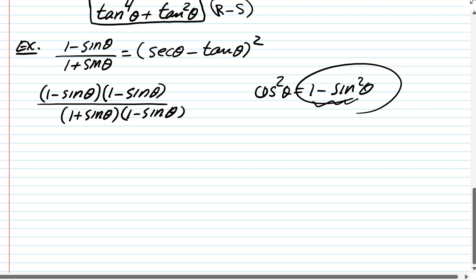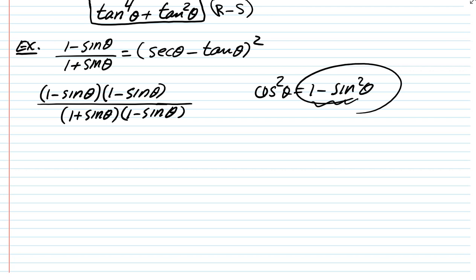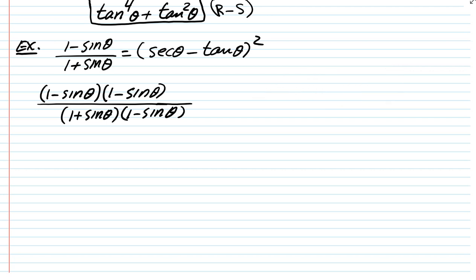In the denominator, I have the factored form of a difference of two squares, 1 minus sine theta times 1 plus sine theta. So I'm going to write the denominator as 1 minus sine squared, which in turn gives me the cosine that I need. And it's okay, it's in squared form.